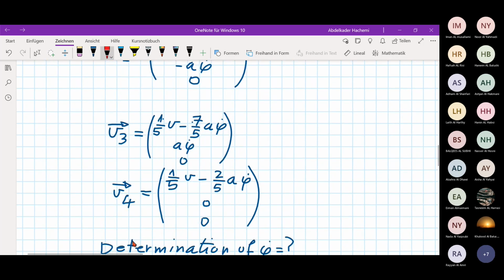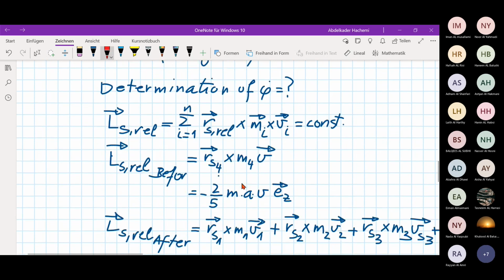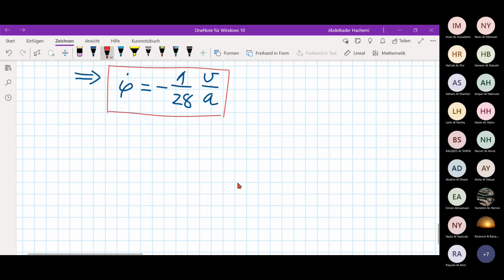Now we have only to replace phi dot by its value.